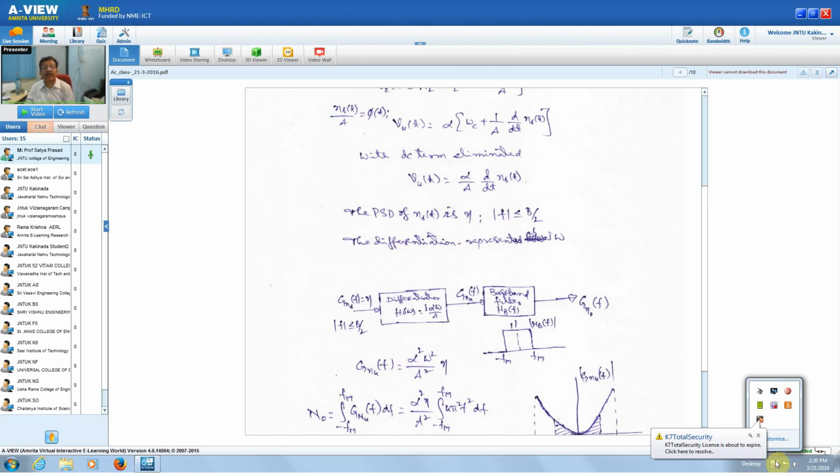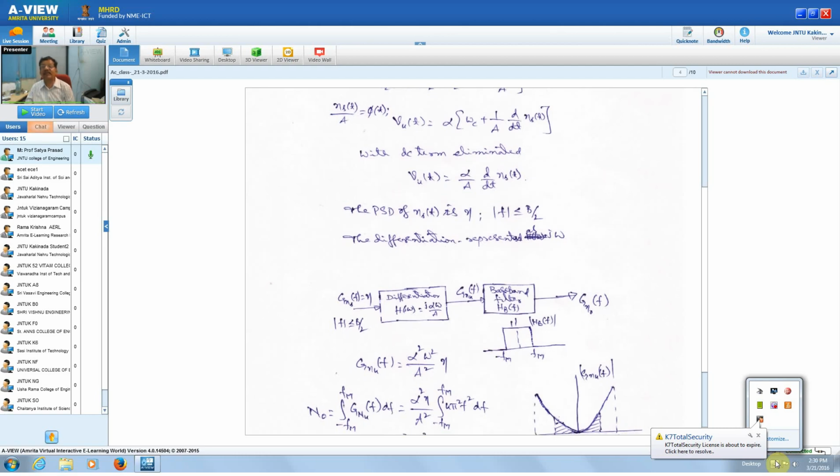Therefore, the power spectral density at the output of this differentiator is the square of this: alpha square omega square by A square into eta. This Gn4 of f is the power spectral density of the differentiator, which is passed to your baseband filter from minus fm to fm. And as we have this power spectral density, when we integrate over the entire interval from minus fm to fm, we are going to get the noise power.